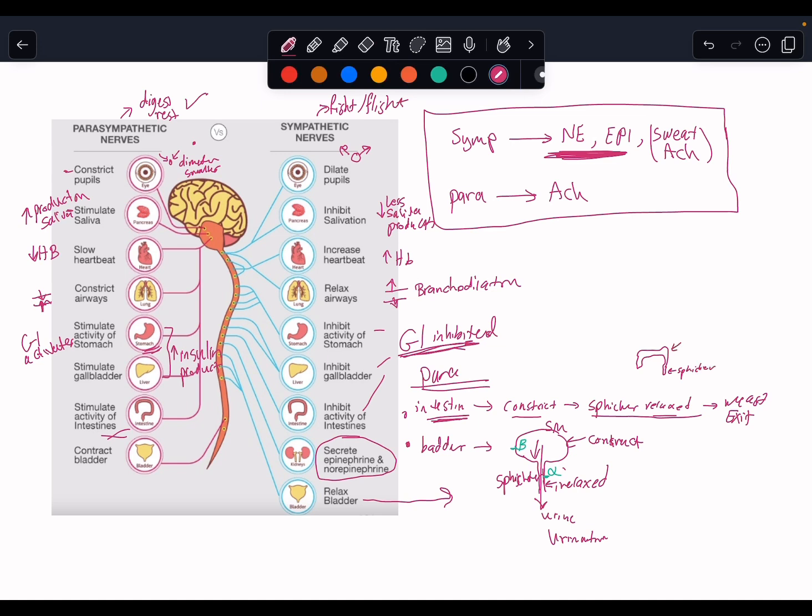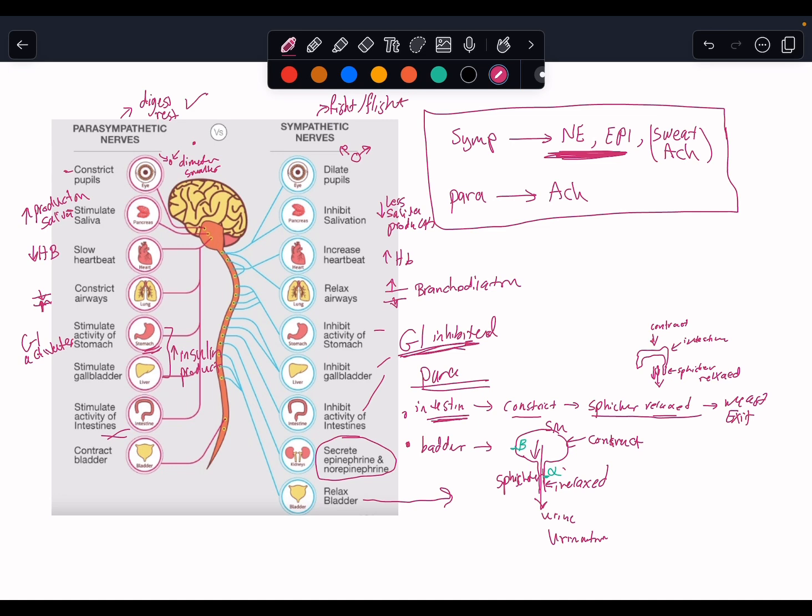And this is the intestine. Okay? So here will contract and here will be relaxed. So the waste can be passed, evacuated from your body.